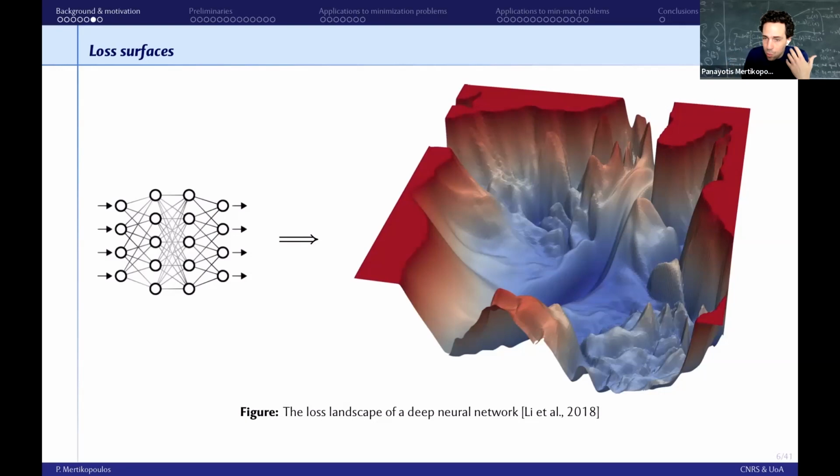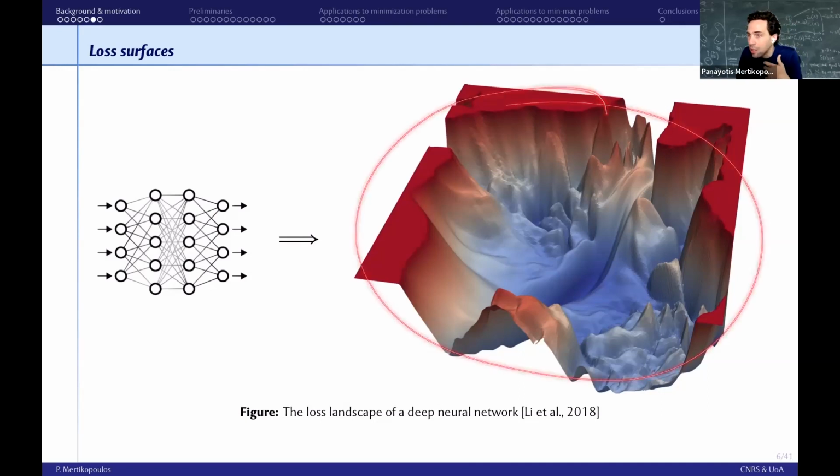But when we are faced with deep learning models, the loss landscape can be extremely complicated. As you see here, this is just a two-dimensional projection of a DNN, of a deep neural network.